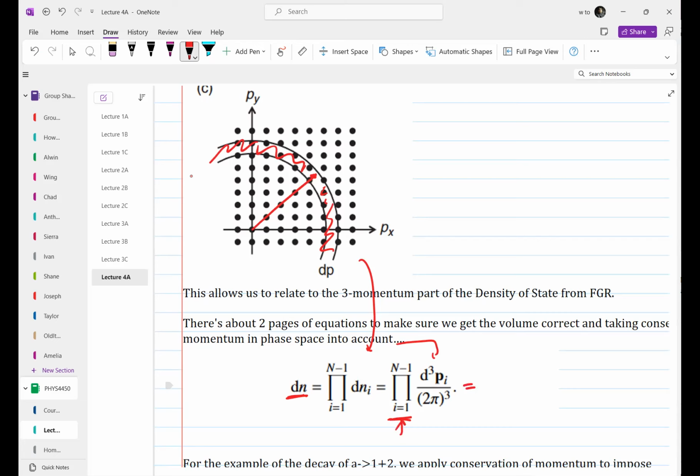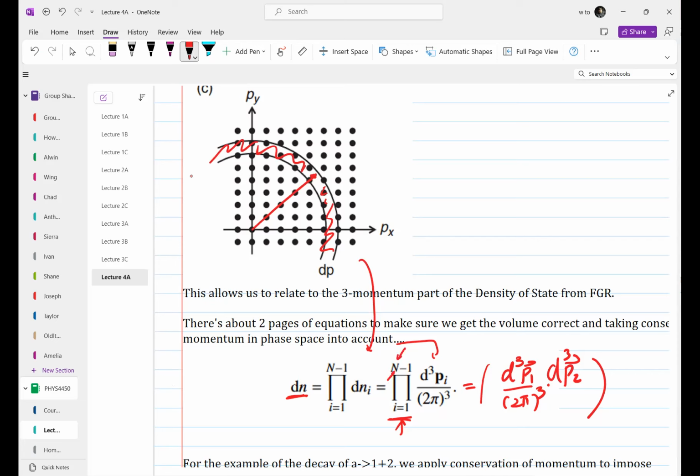If you have 3 particles, this will be dp1 to the third, dp2 to the third, and so on. All these are doing the differential for each of the particles, minus 1. Remember this minus 1.